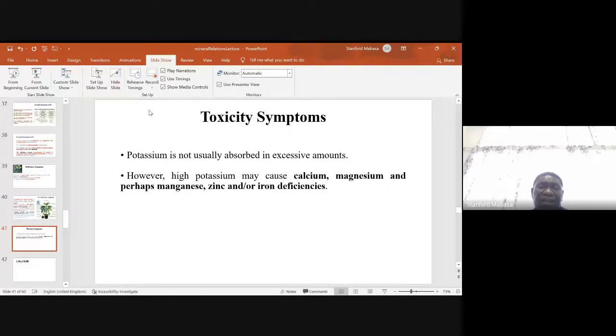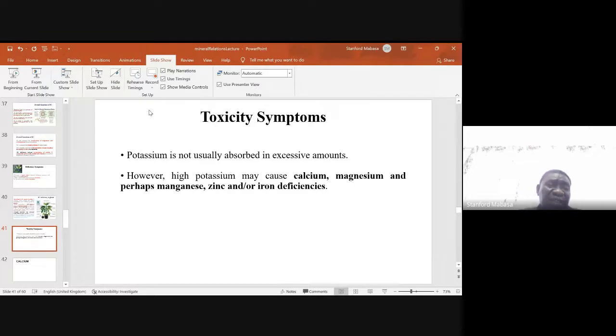for other nutrients. But I must say that the Zimbabwean soils seem to have high potassium. I know our fertilizers contain potassium, but it may be rare for our plants to get potassium deficiency symptoms.